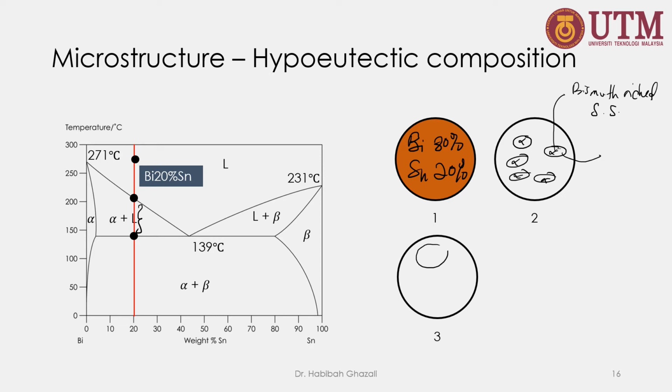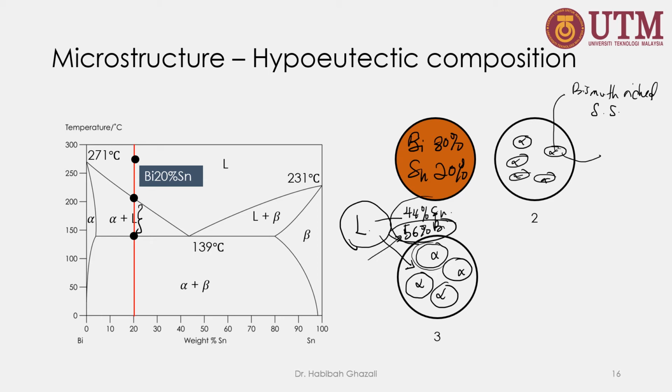At that point, we will have a bigger size of primary alpha, and we will still have a remaining liquid left. That remaining liquid will now have a composition of 44% tin and 56% bismuth. You can see that because of the formation of the bismuth-rich solid solution, the depletion of bismuth atoms inside the liquid happens. So this composition now is the eutectic composition.